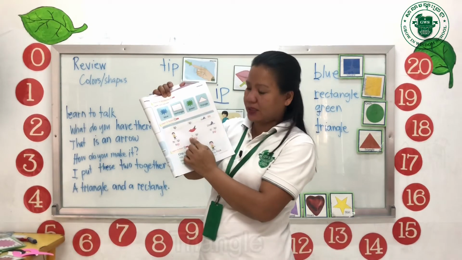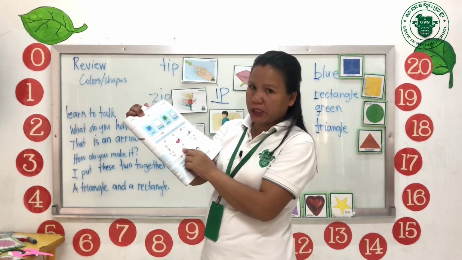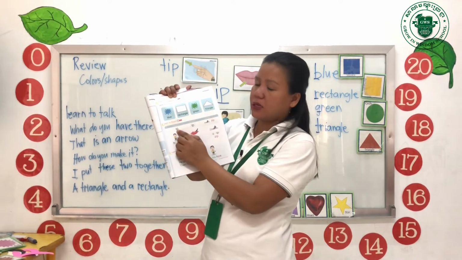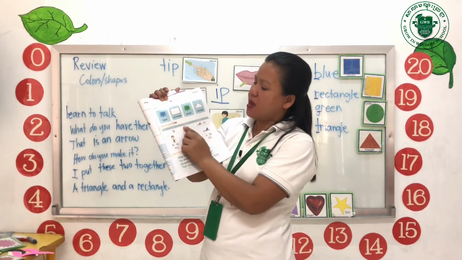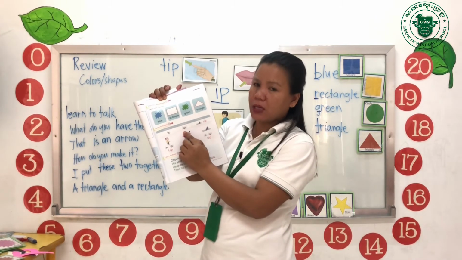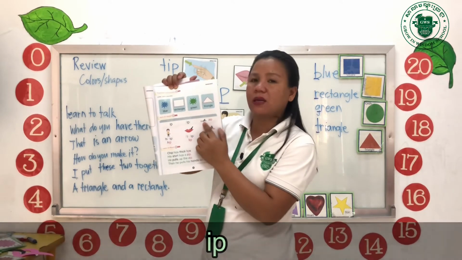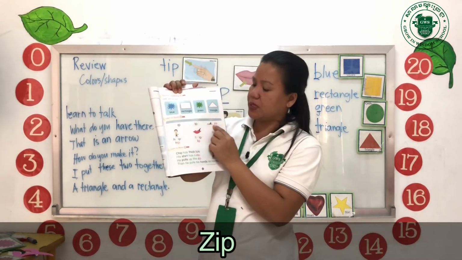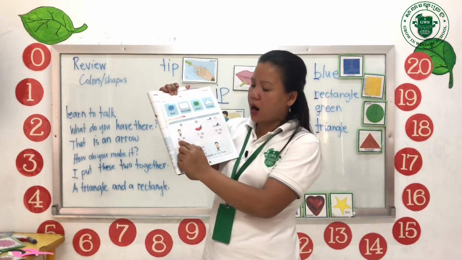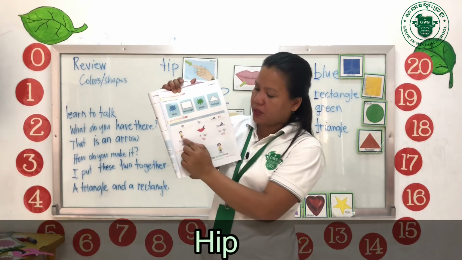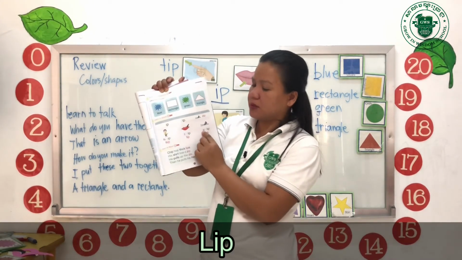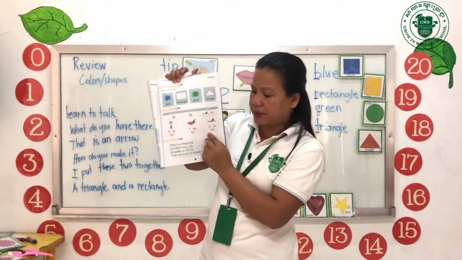In here, practice how to learn the sound of IP. That is the letter IP, and the sound is IP. And the word here, zip. It means z, ip, zip. In here, ip, hip, ip, lip, and then z, ip, zip.